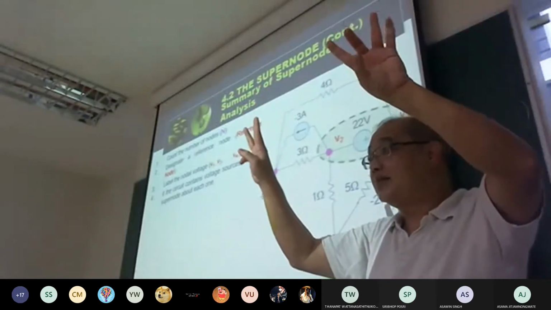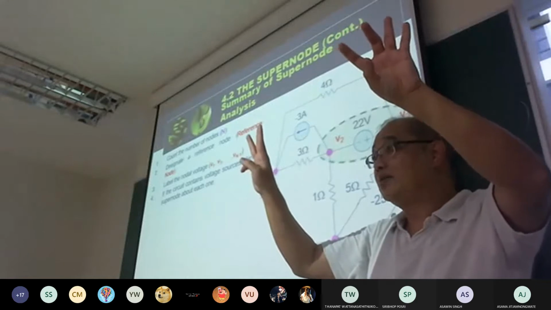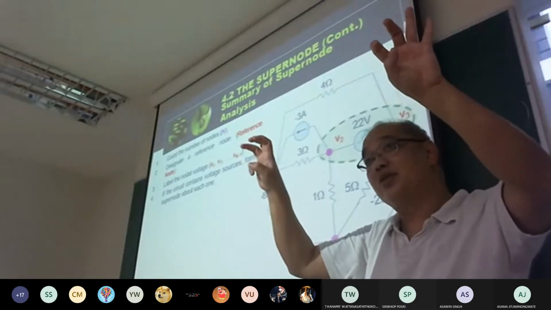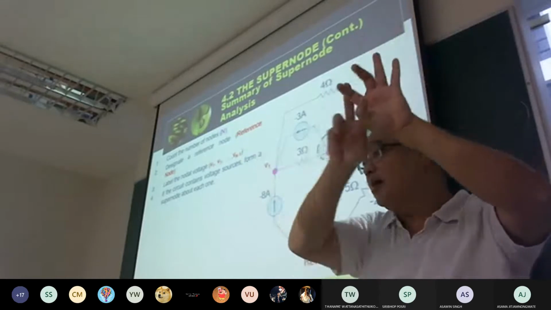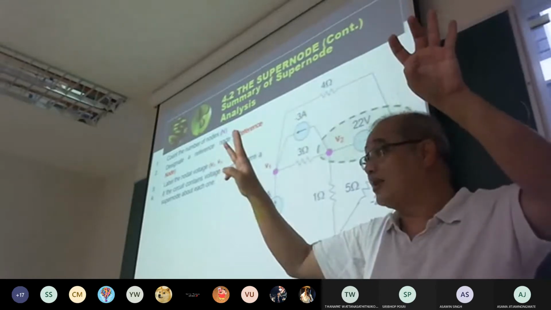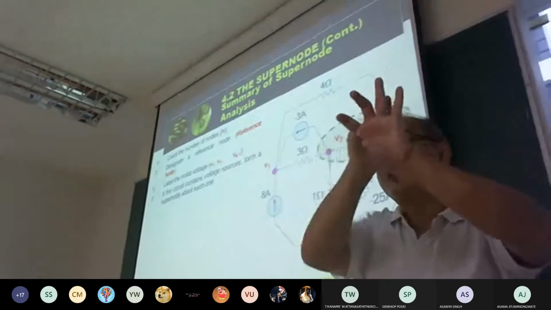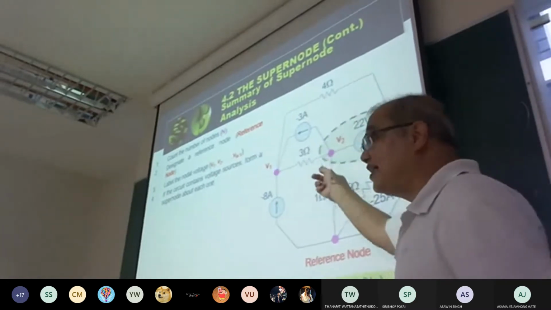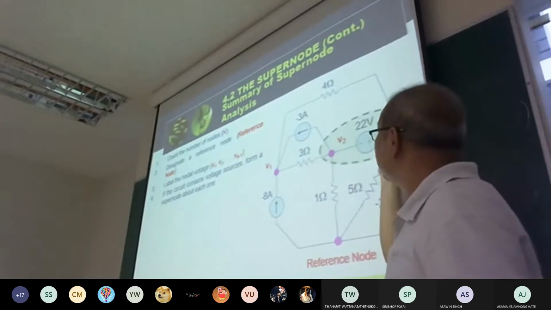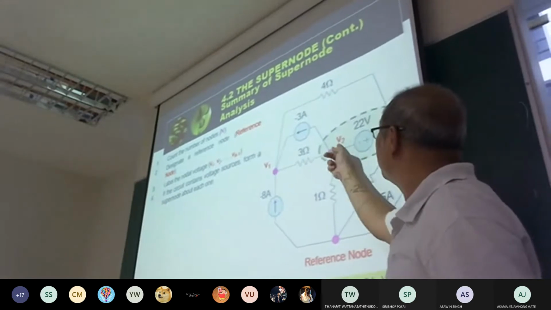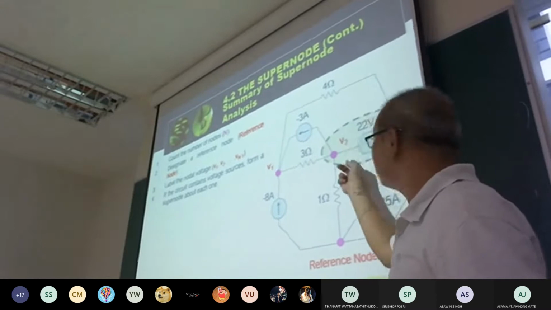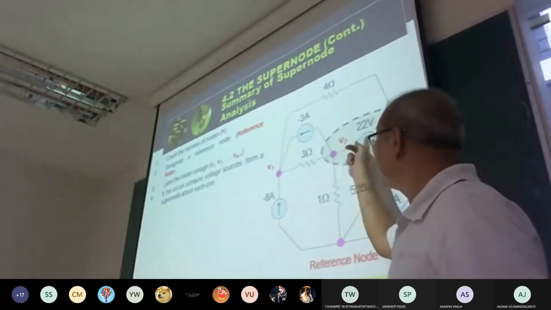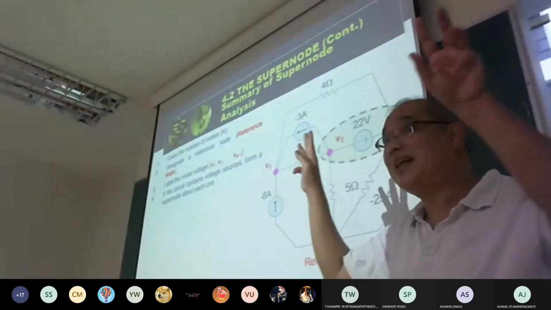How many equations do you get? 2 equations. How many unknowns? 3. 2 equations for 3 unknowns. Can you solve it now? No. The number of equations is less than the unknowns. Now, how to get the 3rd equation? You get the 3rd equation when you look inside this supernode. You can write the relationship between V3, V2, and the voltage source: V3 minus V2 equals the source voltage.